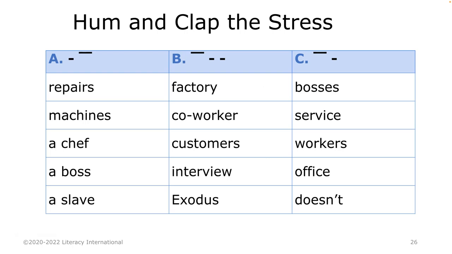When we hum it, it's repairs, machines, a chef, a boss, a slave. Notice that the first syllable is shorter. The second syllable of these words is higher, longer, and louder in pitch.